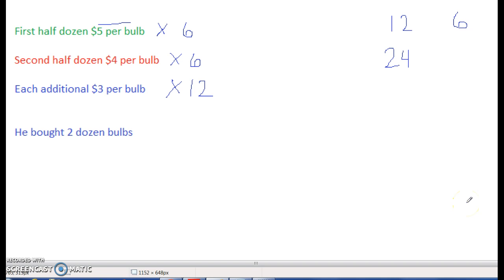Okay, so basically what we're going to do is take 5 and multiply it by 6. That's the first thing we do, and that gives us the answer for the first part, 5 multiplied by 6. The answer for the second part is 4 multiplied by 6, and the answer for the third part is 3 multiplied by 12.